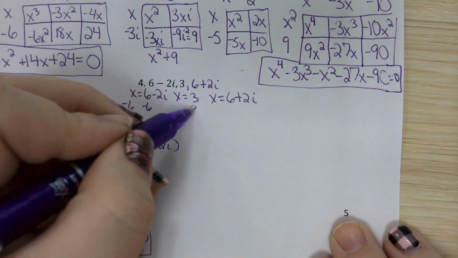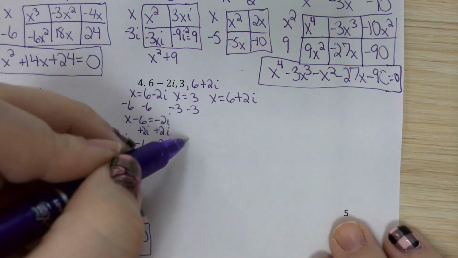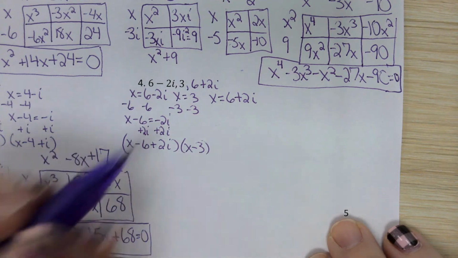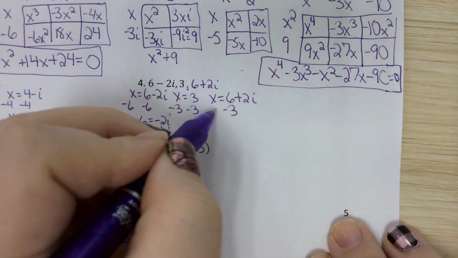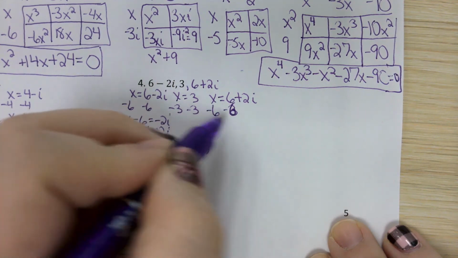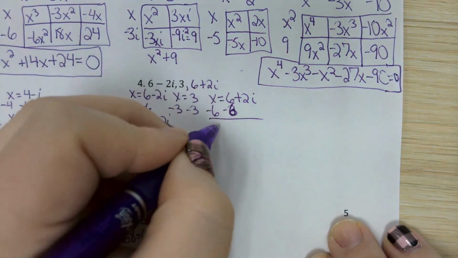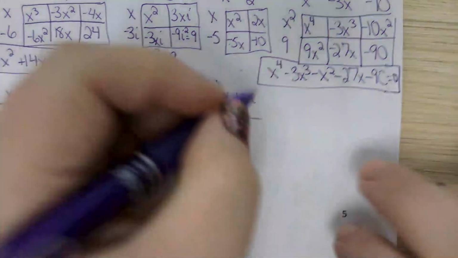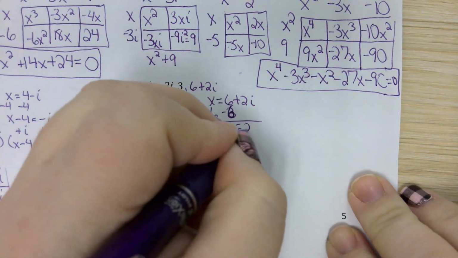We'll subtract 3 from both sides. So x minus 3 is a factor. And finally, subtract 6 from both sides. And I get x minus 6 equals 2i.